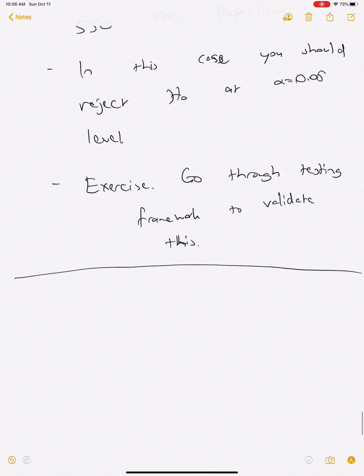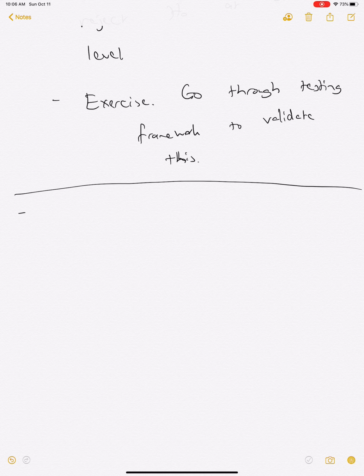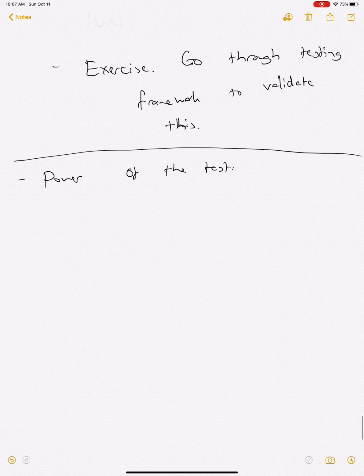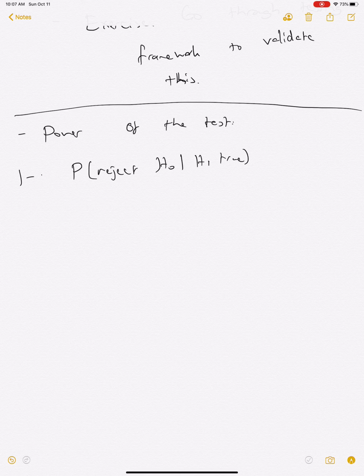Another thing that I wanted to talk about as a set of basics is the notion of the power of the test. In some sense, this is in contrast to size. Typically you want your size to be as small as possible, but you also want to be able to reject when the alternative is true. This is the probability that you reject H0 given that H1 is true. I'm going to call this 1 minus beta.